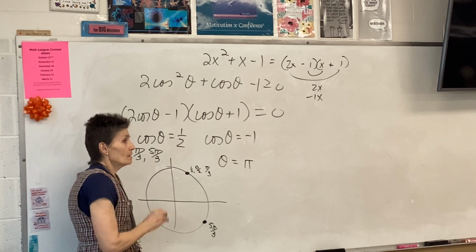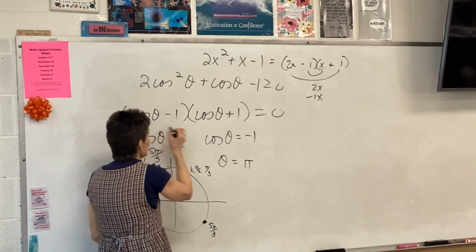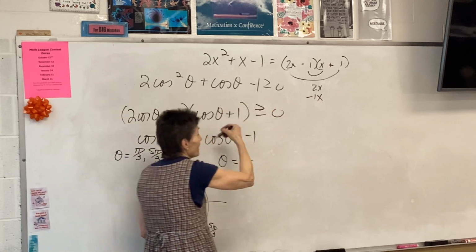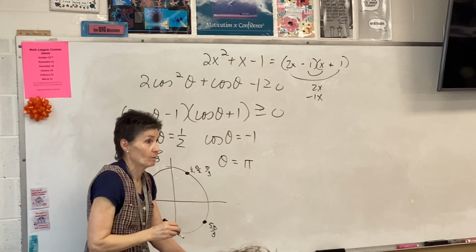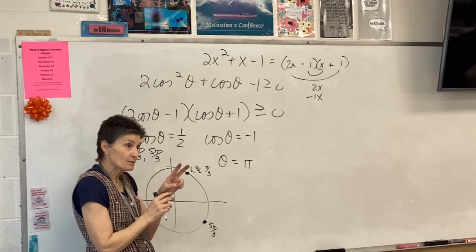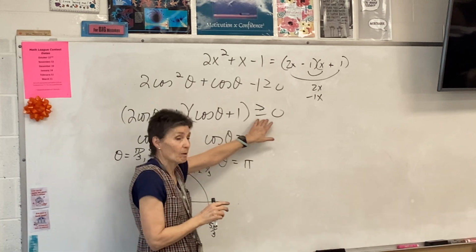For this one, where the cosine is positive 1/2, well, this time, these two things multiplied together have to be greater than or equal to 0. So how does that happen? How do you multiply two things and come out positive?